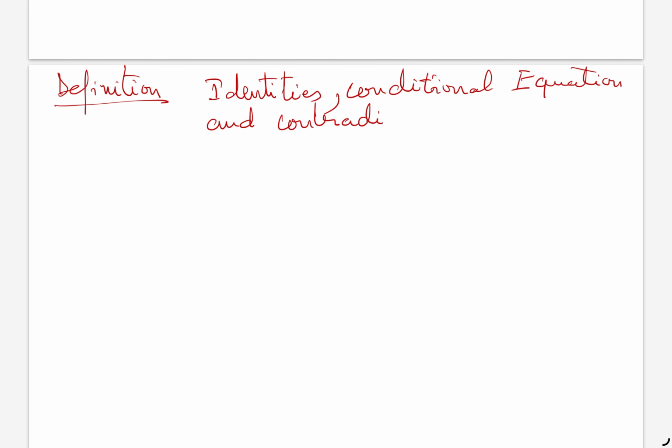Contradiction means when the solution doesn't exist. Let's define those terms so you can understand.